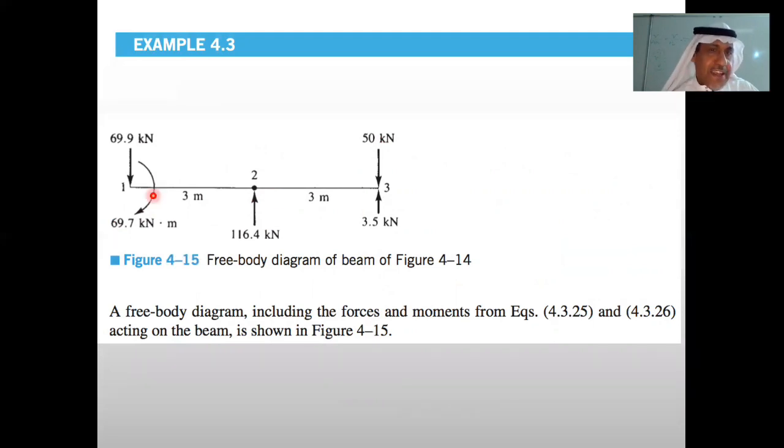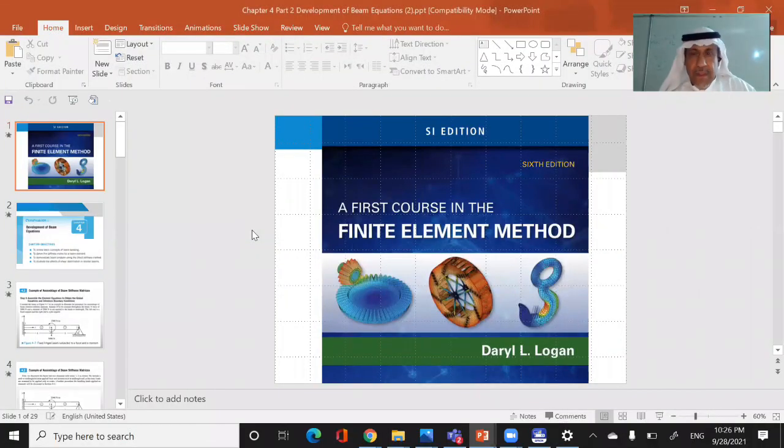For this one, it's okay. If you use K for this element and the degrees of freedom 1 and 2, it will give you the first 2 terms. The second 2 terms are not here. It will give it to you as if you made a section. It will give you the shear and the moment.